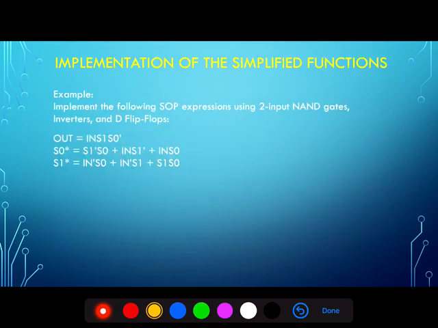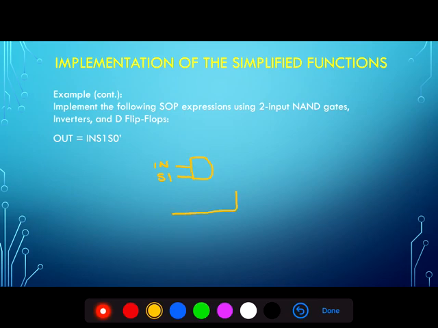So we're first going to implement the output, and we'll do that with combinational logic, which is very straightforward. In this case, we've been asked to just use 2 input NAND gates. So we'll put in and S1 into an AND gate, and then we'll want to AND it with S0 not.